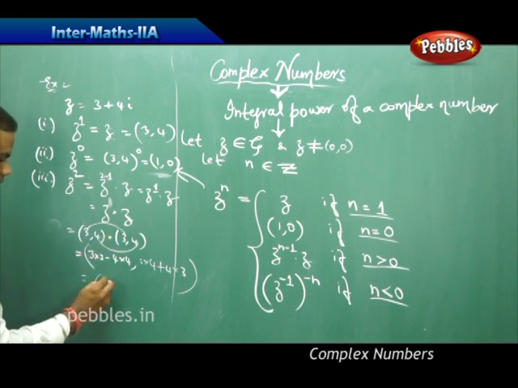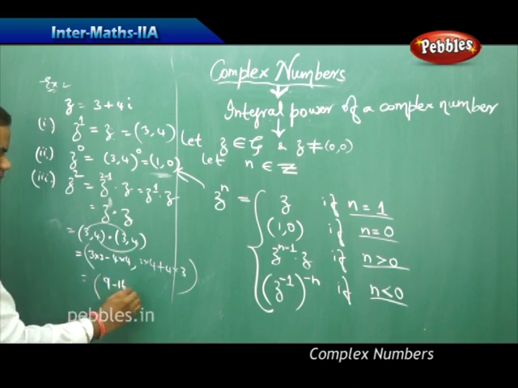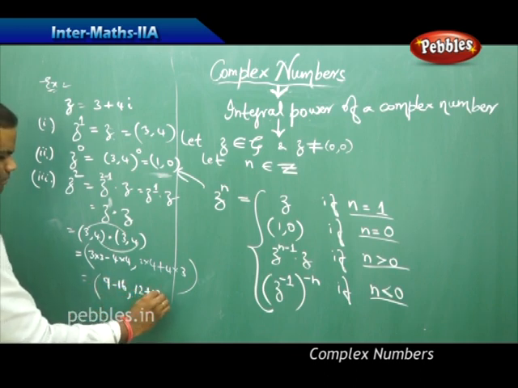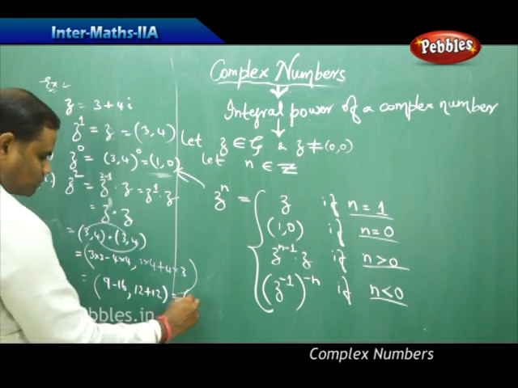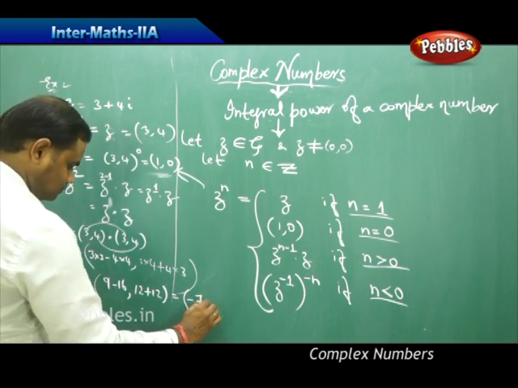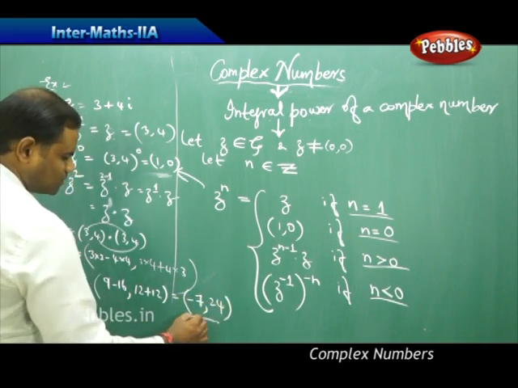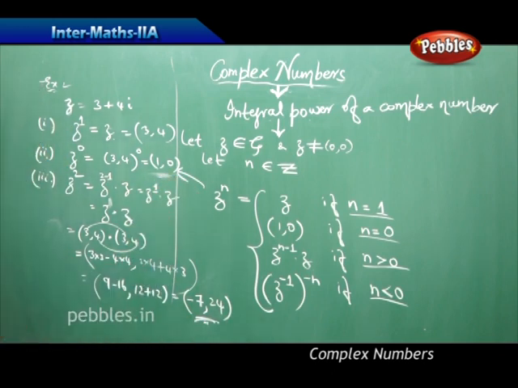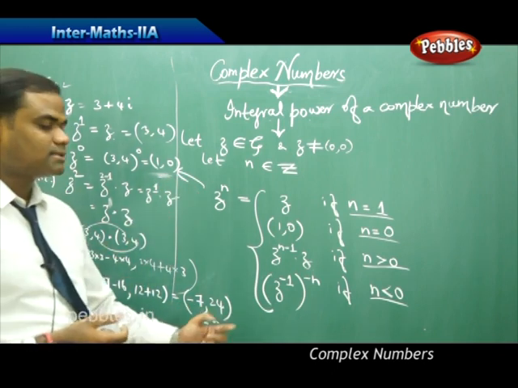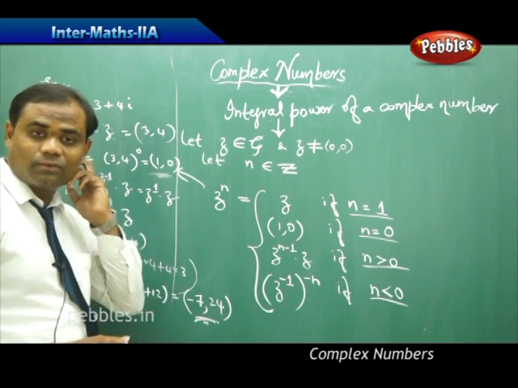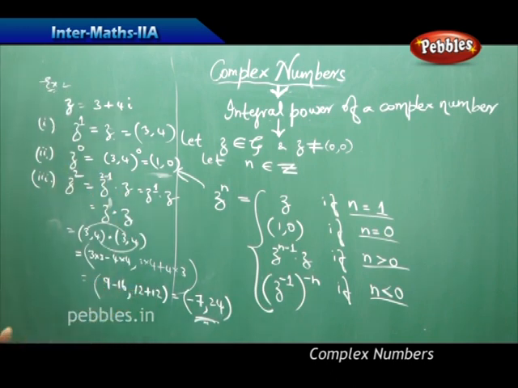This is 9 - 16 and 12 + 12, which comes out to be (-7, 24). Therefore, the square is (-7, 24).